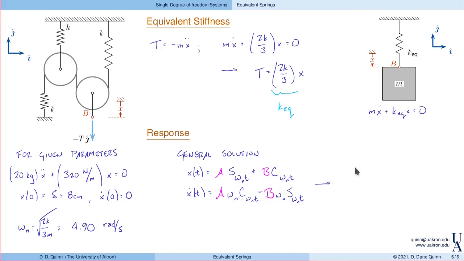Using the initial conditions given in the problem statement, delta was the initial displacement. Evaluating this general solution at t equals 0, sine of 0 is 0 and cosine of 0 is 1, so we just find B. Likewise, for the initial velocity, which vanished, evaluating the velocity at t equals 0 gives me A times omega n.